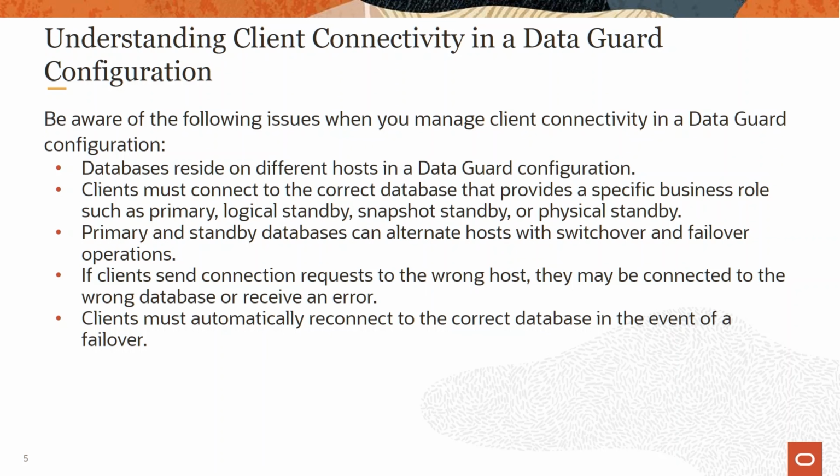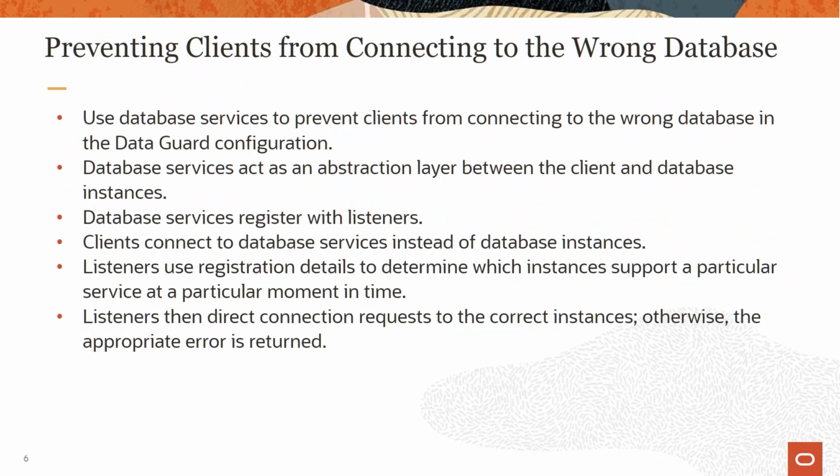So what is the best way to prevent the client from connecting to the wrong database? The best practice is to use a database service to prevent the client from connecting to the wrong database in the Data Guard configuration instead of using SID.